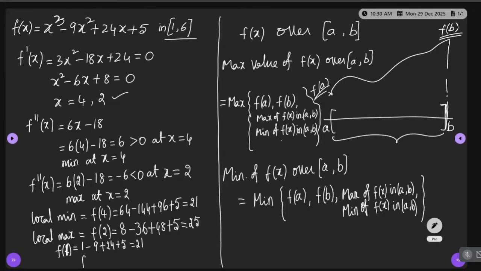What is f of 6? 6 cube, 216. 6 into 6, 36, into 9, minus 324.